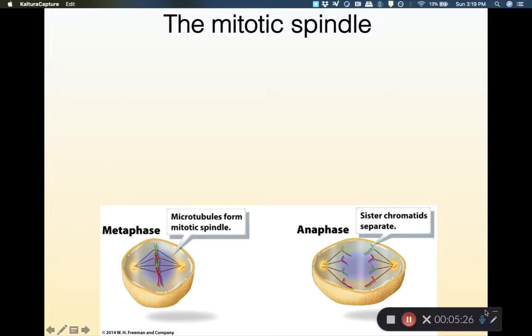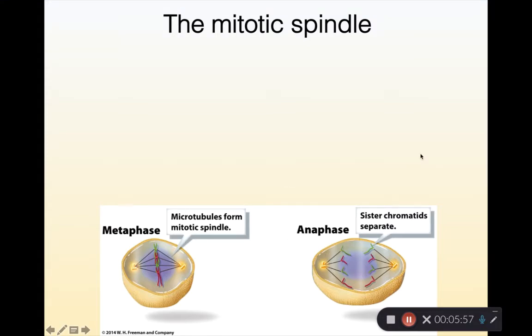So where I wanted to spend a little bit of time is on this concept of the mitotic spindle. You might not have really looked specifically at mitotic spindle development in your other biology classes, but it's one of the most important processes in cell division: the construction of this mitotic spindle, the successful migration in anaphase, and the separation into the two daughter cells.